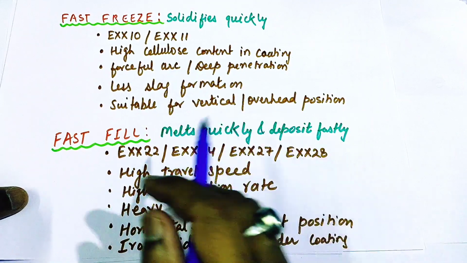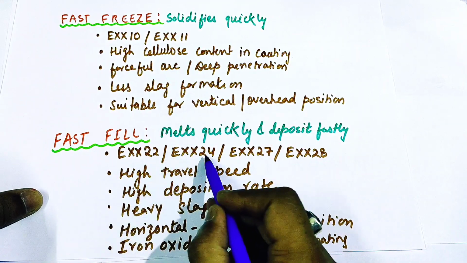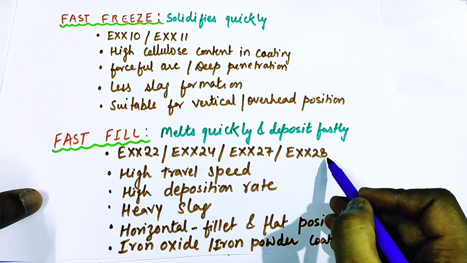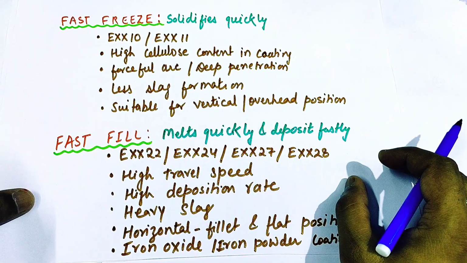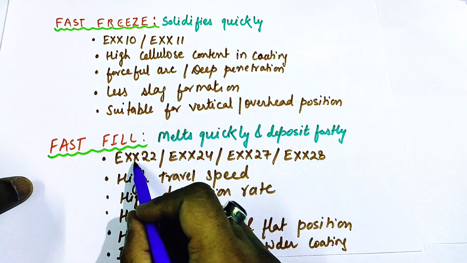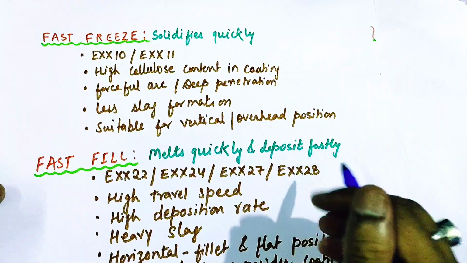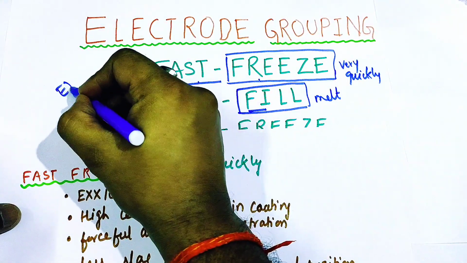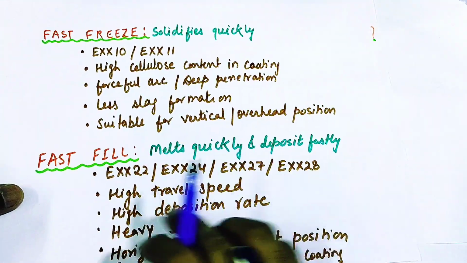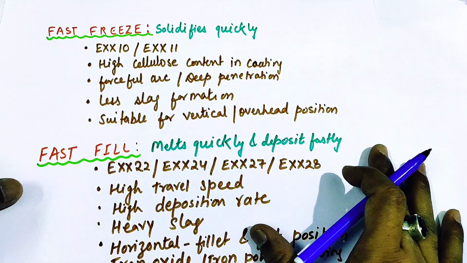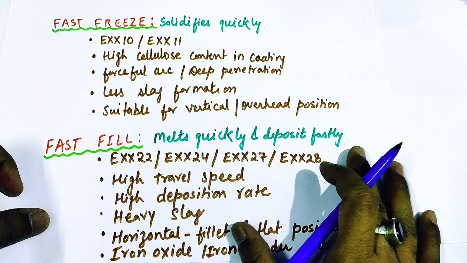So friends, electrodes having 22, 24, 27 or 28 in the last two digits are fast fill electrodes, like E7028. So 22, 24, 27 and 28 are fast fill electrodes.